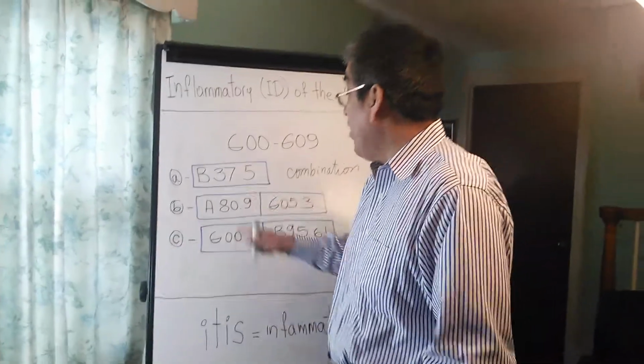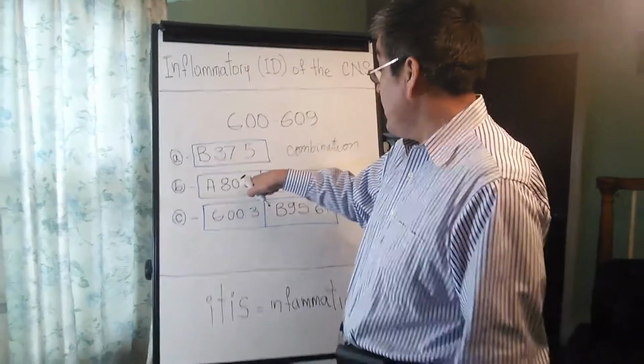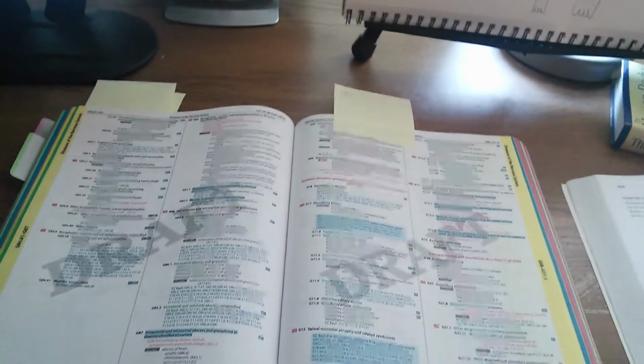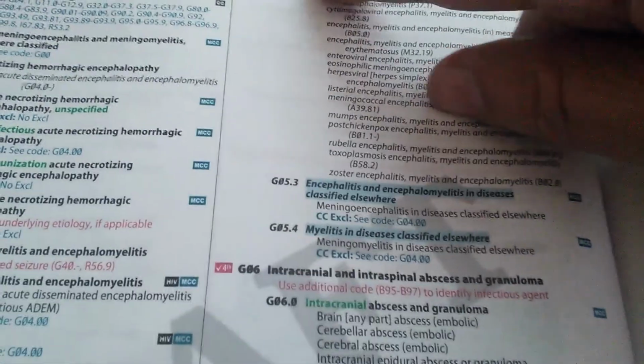That's one way. Now, the next way to solve it is that this is the bug and this is the infection. And if you open to the second one, it's right here. For instance, we have poliovirus encephalitis, and if we go to the G05.03, where's G05.03? Right here, right? G05, right?